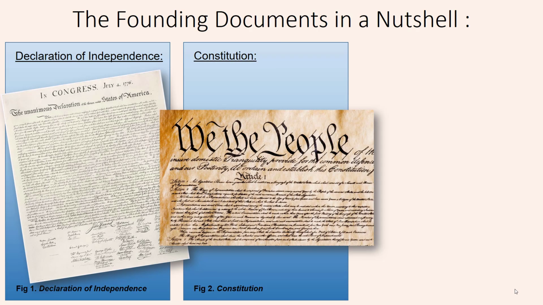Okay, Constitution. So since we are no longer adhering to that form of government, that of the United Kingdom, we are developing our own. And the Constitution is that document that spells out the structures of government.